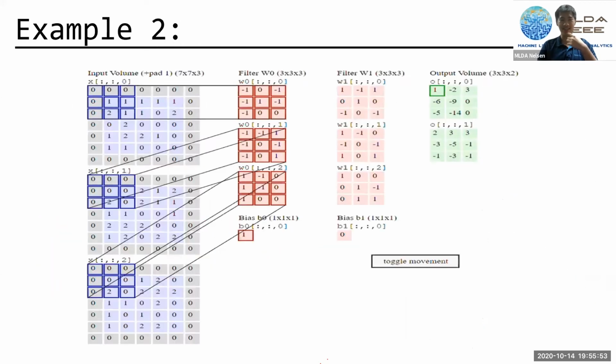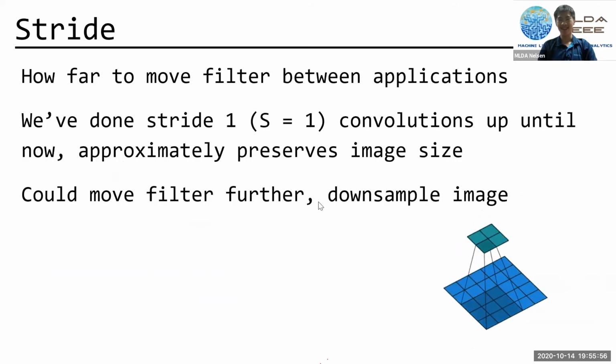For S, what we usually do is put either 1 or 2, and when we implement this in code, the question is what we do if we have a stride that is not a multiple of W minus F plus 2P. It will give you a decimal number, and it will be rejected when we use TensorFlow or any deep learning framework. So usually we know that the image size will be a multiple of either 2 or 1.